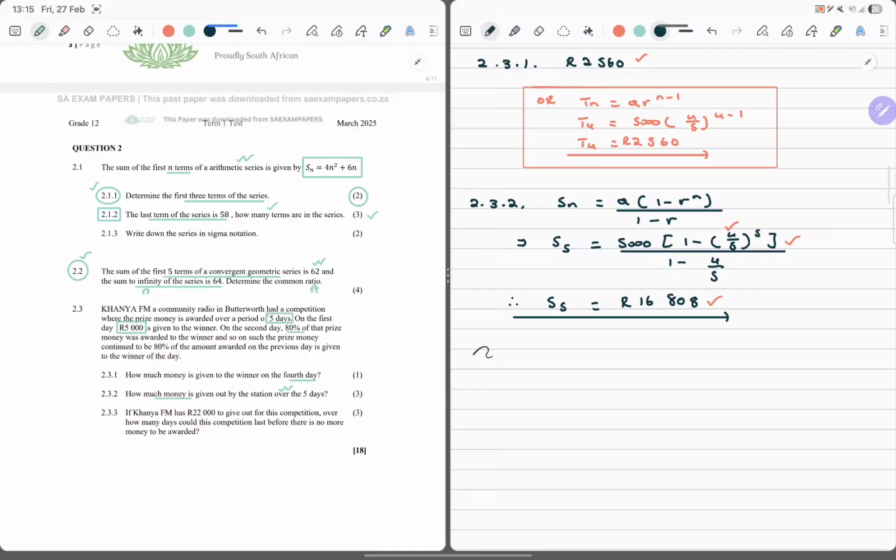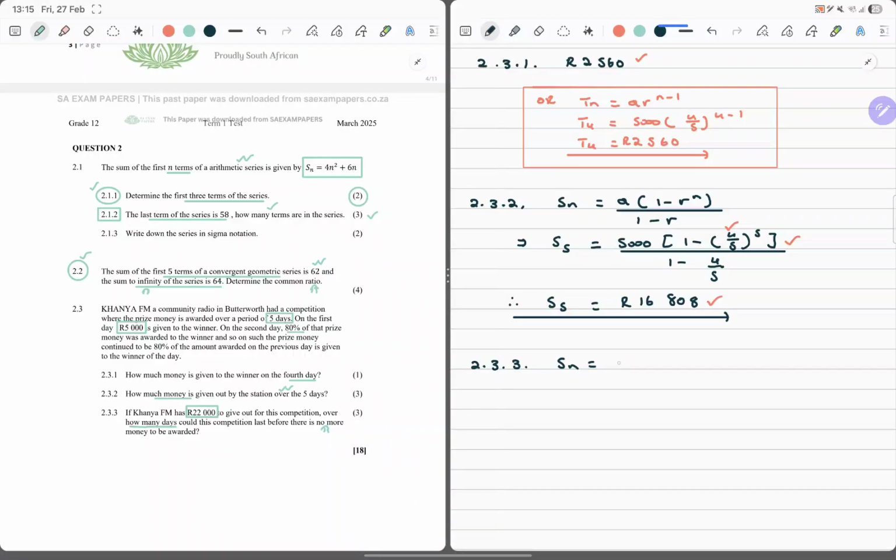Okay, makes sense. So we've got 2.3.3. Now it says if Kanya FM has R22,000 to give out for this competition, over how many days could this competition last before there is no more money to be awarded? Okay, that's not a problem. So the sum here is supposed to be 22,000.